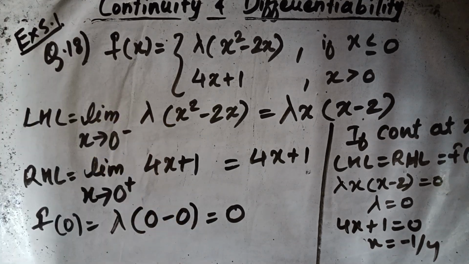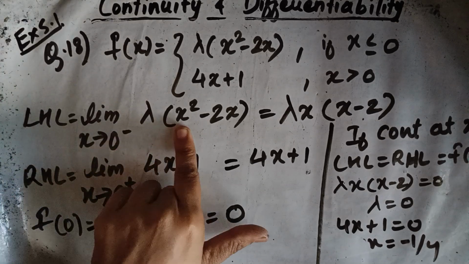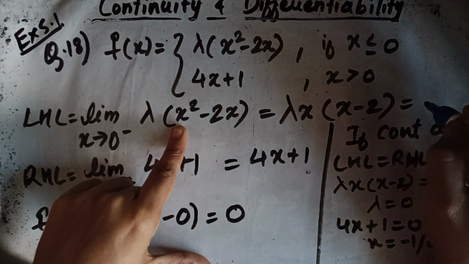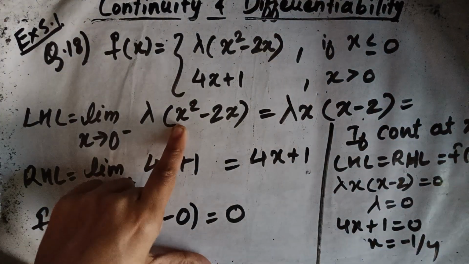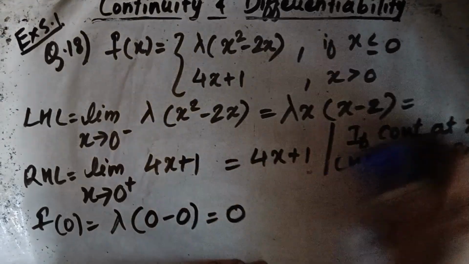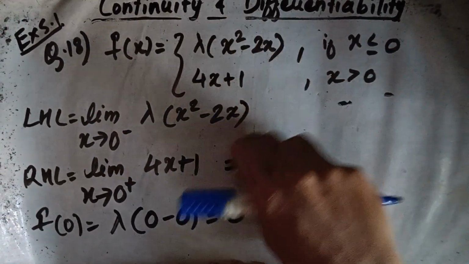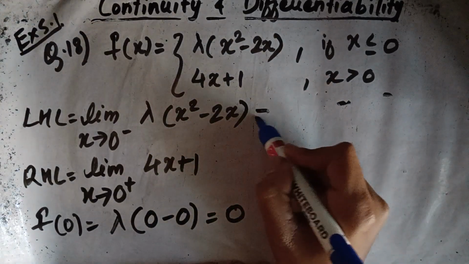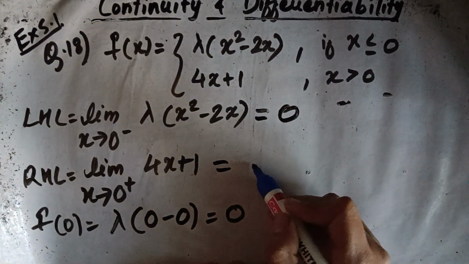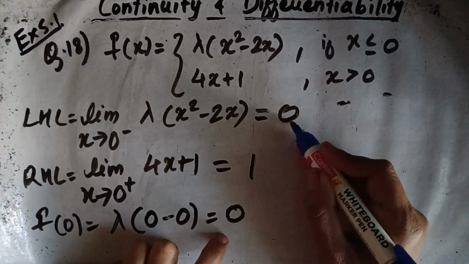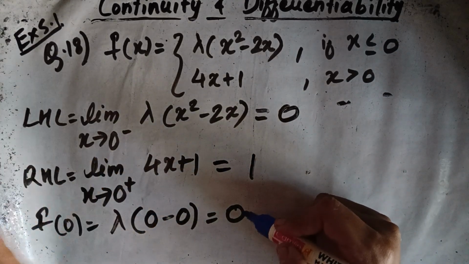If you put x equal to 0 here, and here also if you put x equal to 0, this is 0 and this is 1. So if it was continuous, then these three values would have been equal.